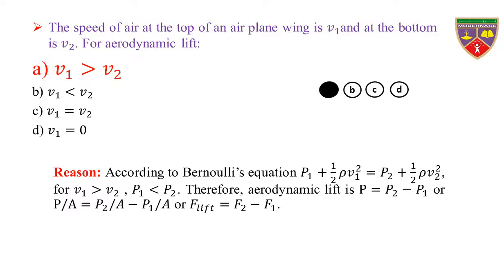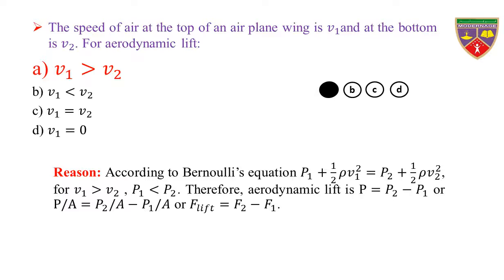Therefore, aerodynamic lift is P equal to P2 minus P1, or P divided by A is equal to P2 divided by A minus P1 divided by A. We have divided the equation by the area of the wings throughout.